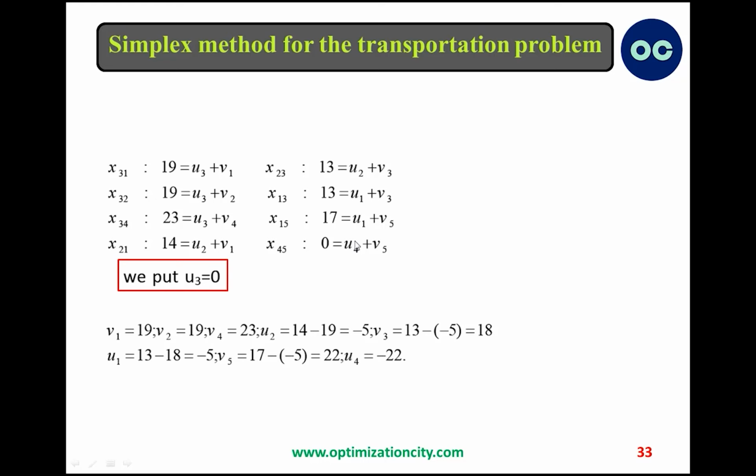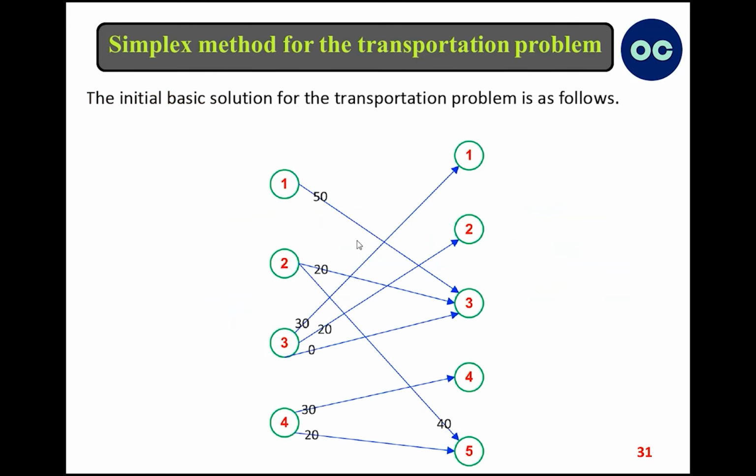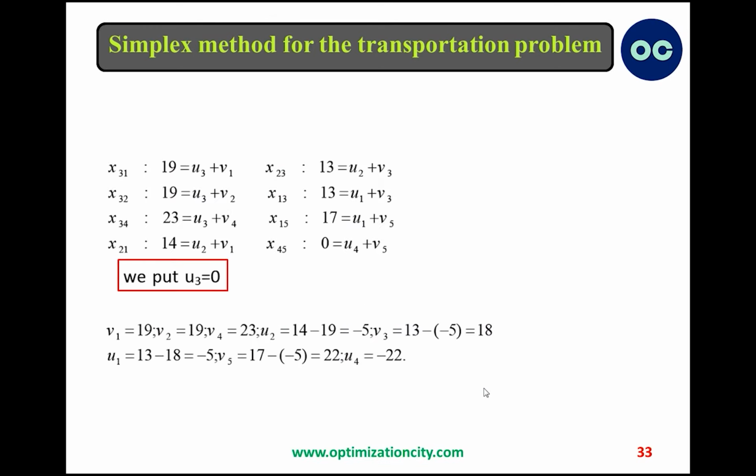So we can calculate u1, u2, u3, u4, and v1, v2, v3, v4, and v5. So this is the optimal value of the dual variables.